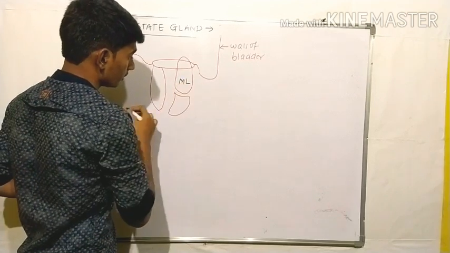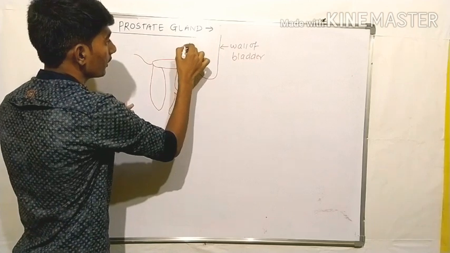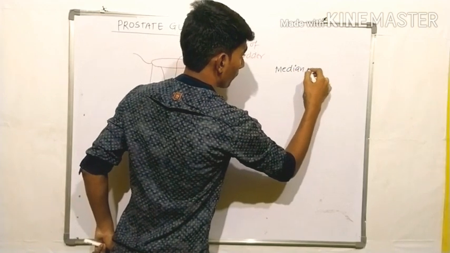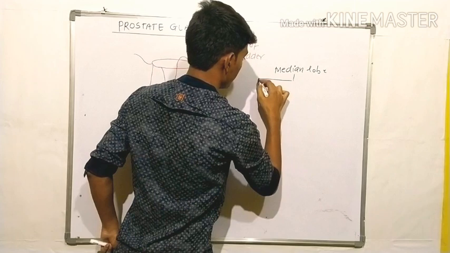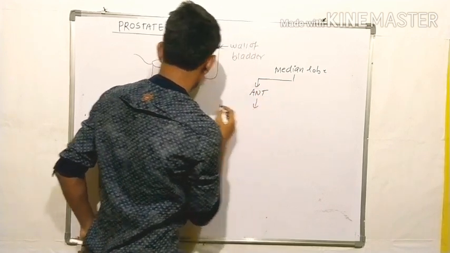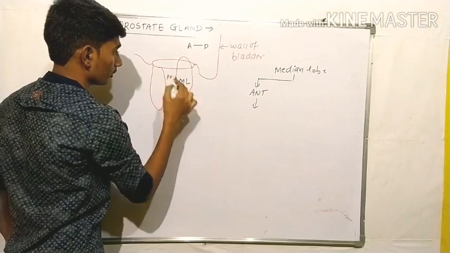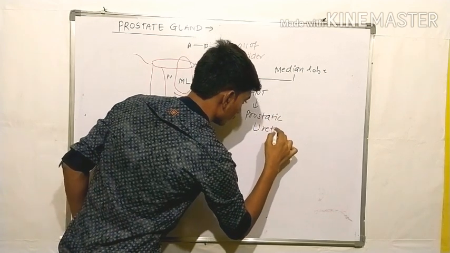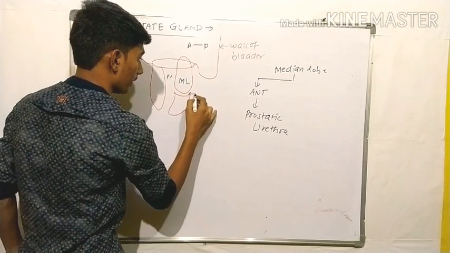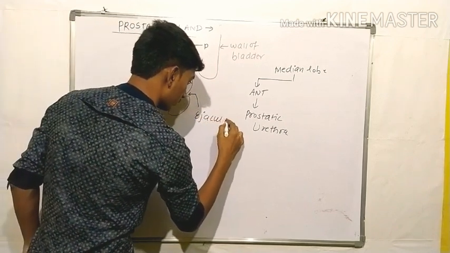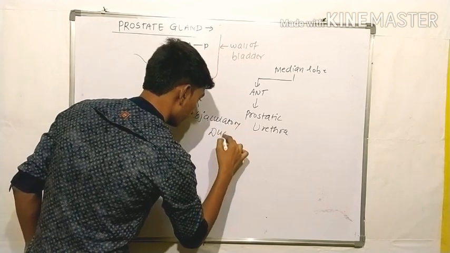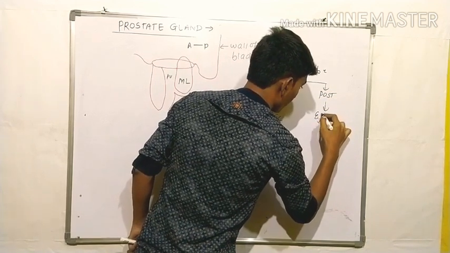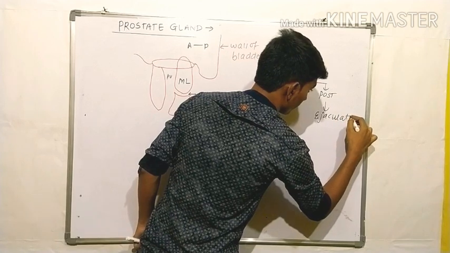Now, one more conceptual thing you need to remember is this is the median lobe of the prostate. And this median lobe is anteriorly surrounded by prostatic urethra, and posteriorly it is surrounded by ejaculatory duct.